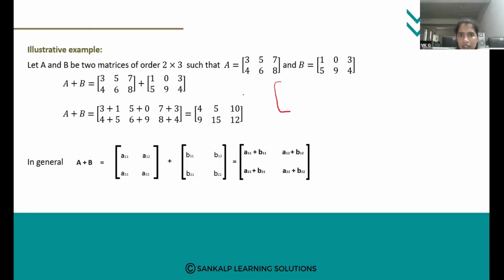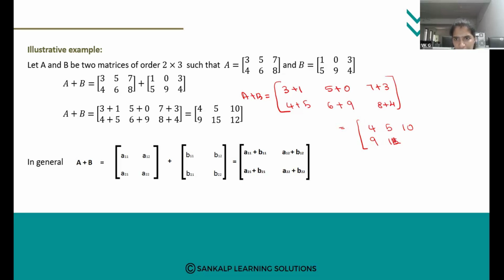So the sum A plus B is given by 3 plus 1, 5 plus 0, 7 plus 3, 4 plus 5, 6 plus 9, 8 plus 4. That is equal to 4, 5, 10, 9, 6 plus 9, 14, 8 plus 4, 12.